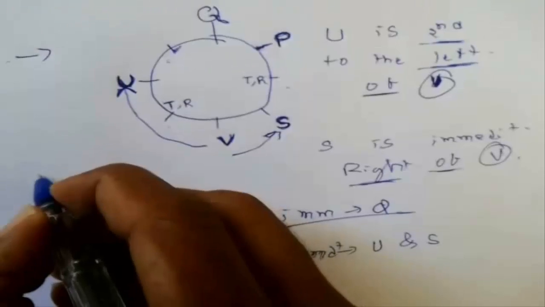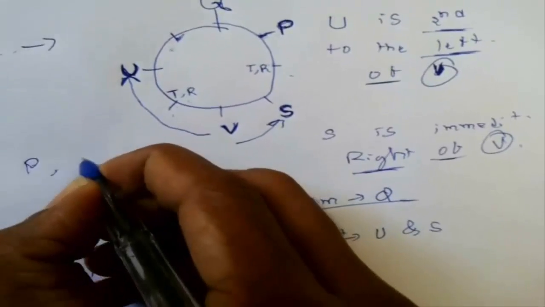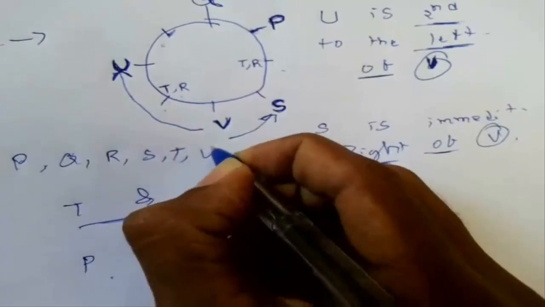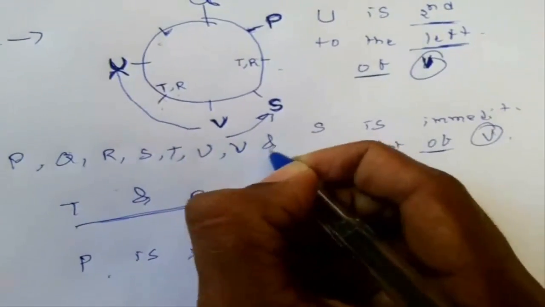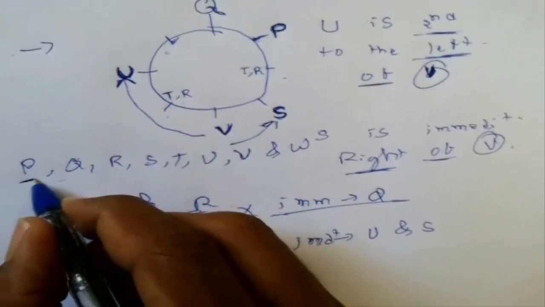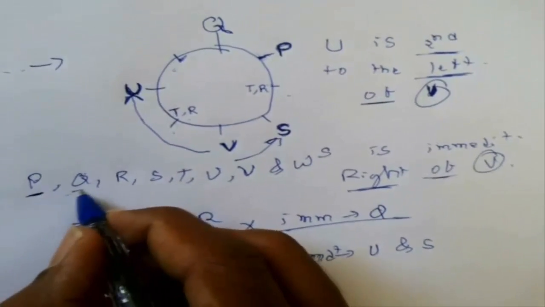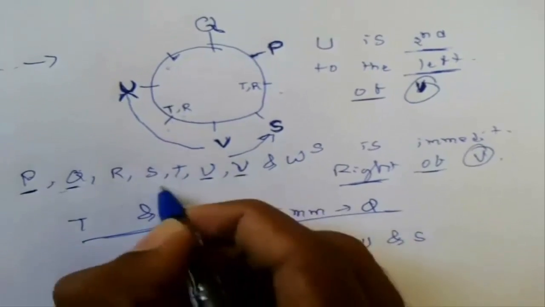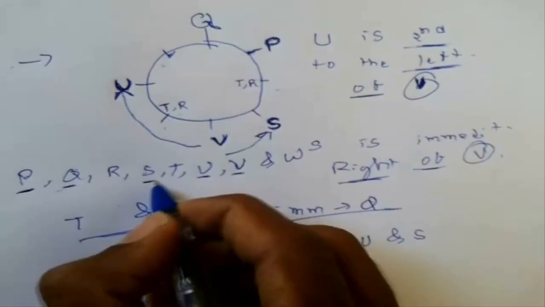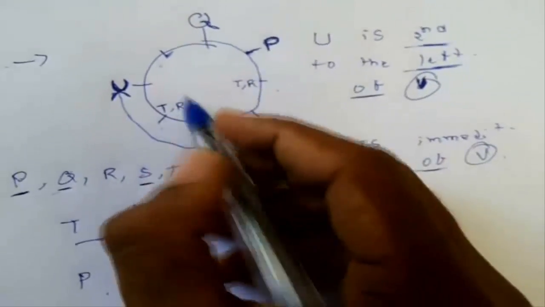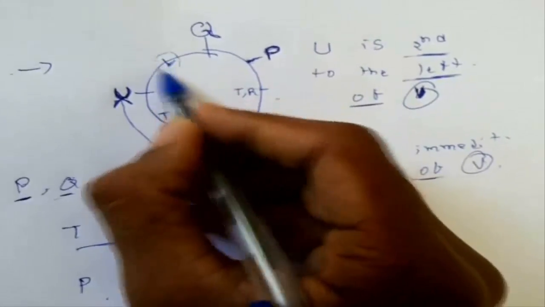So we have put the persons we are having: P, Q, R, S, T, U, V and W, from which we have put P, we have put Q, we have put U, we have put V and we have put S. The places for T and R are this one, and the only remaining place is this one.